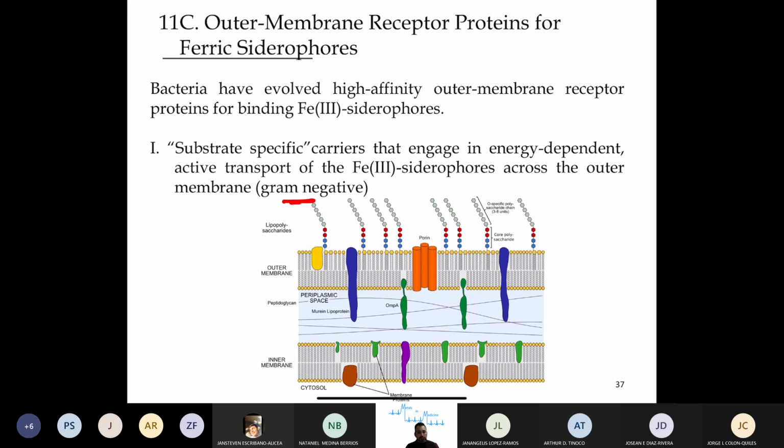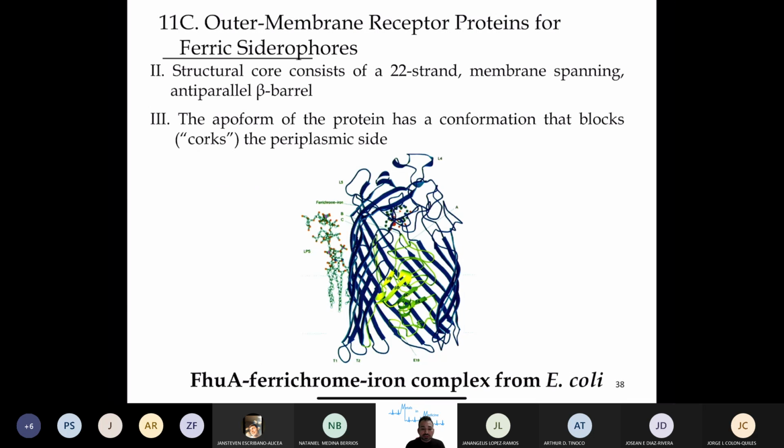Here I just have a depiction of the transporters that are available to recognize the iron, or at least a depiction of the composition of the cell, so that you can see the processes that have to be involved in terms of movement of an actual iron ion. Here's an example of one transporter.